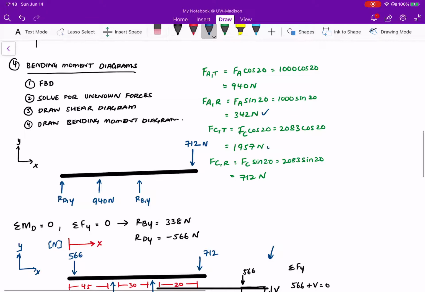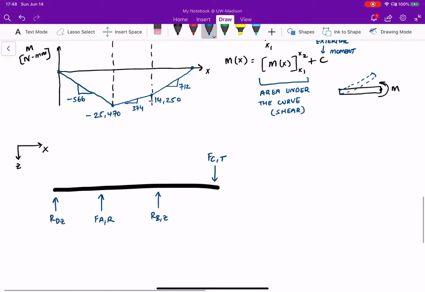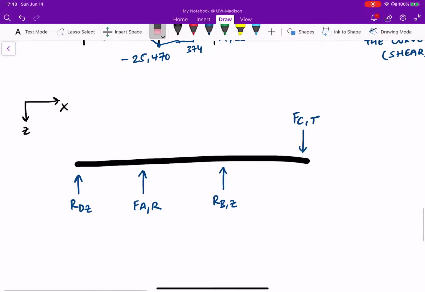So these two. I'm just going to erase and substitute. FAR is simply 342 and FCT is 1957.